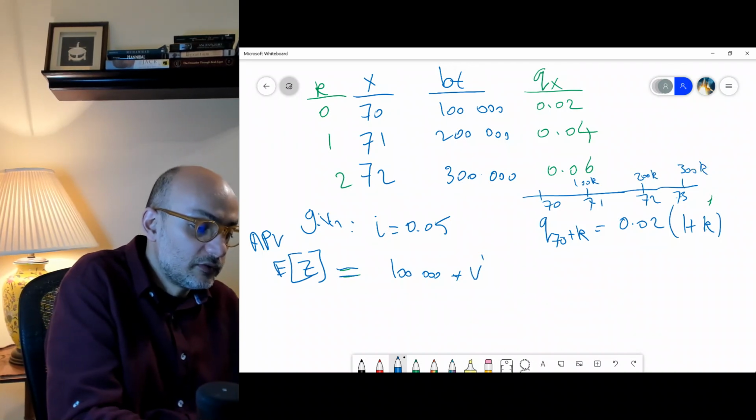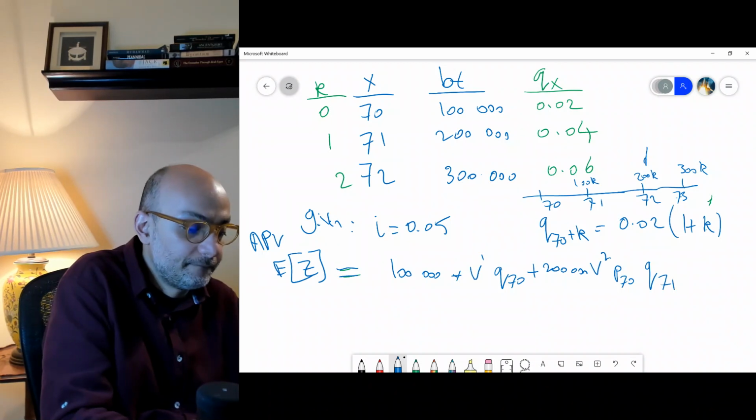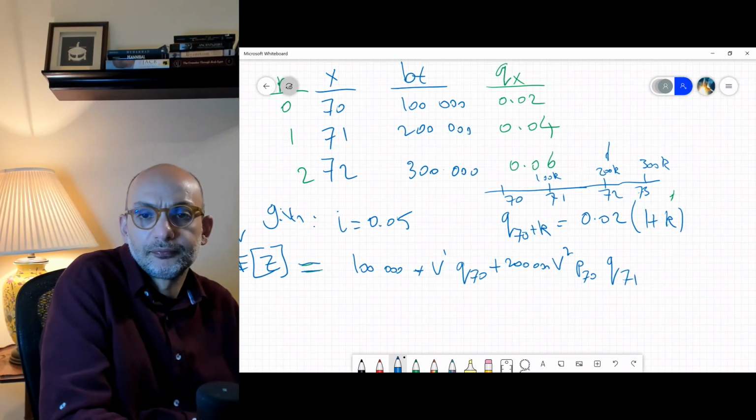300,000. For the first 100,000, you need to discount it back one year, and you need death to happen, Q70. Plus, for the second 200,000, you need to discount it 2 years because it's here, and then you need P70 times Q71. Right, it's simple.